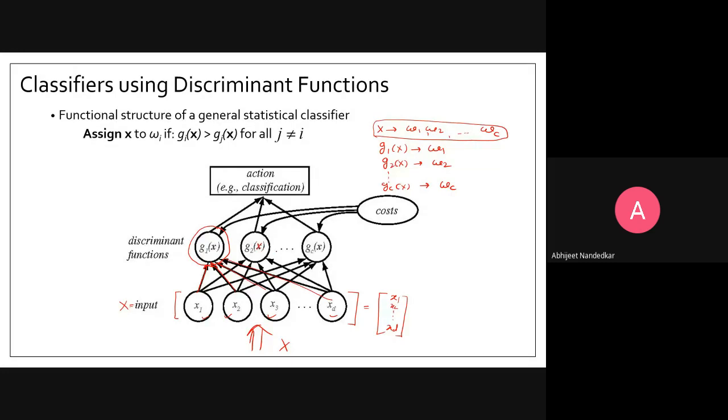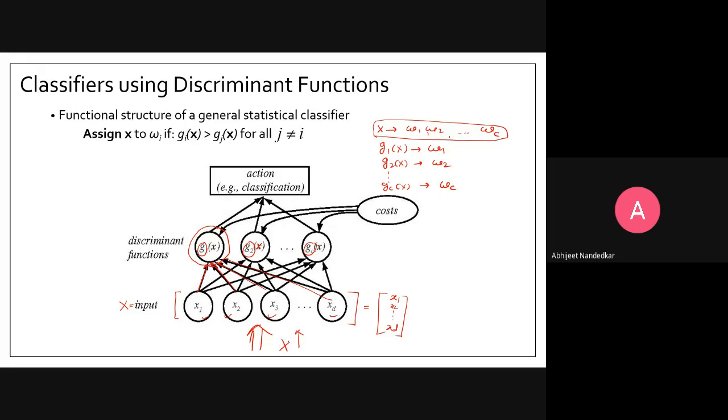Again, you will see that everybody is receiving the same input, so the input received by each node is the same. And then we have to have these G's such that they will produce output if the input belongs to them.